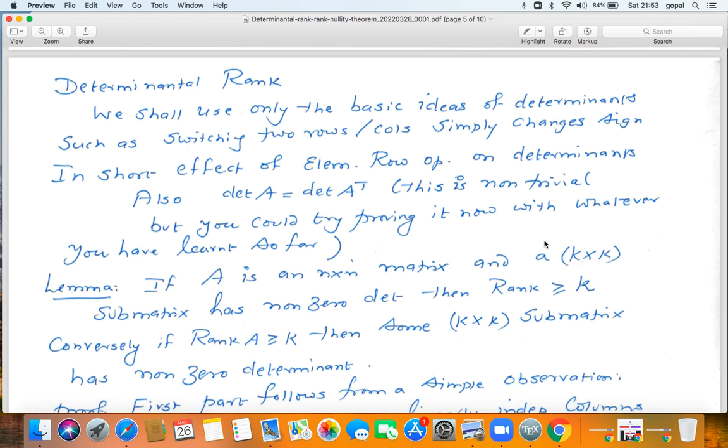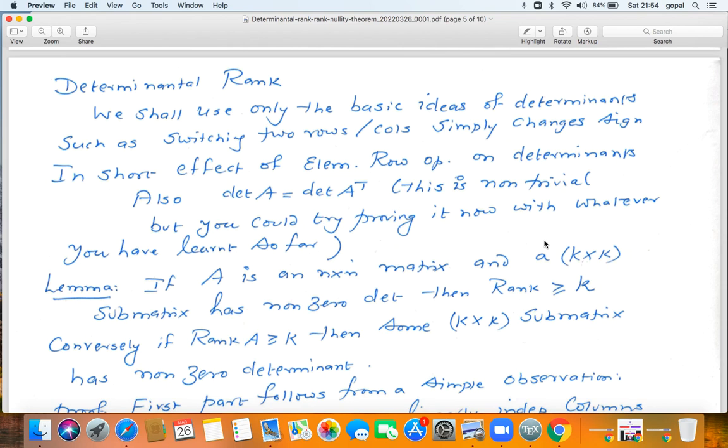What happens to a determinant when you switch two rows? The determinant changes sign. If you add a given row to any other row, the determinant doesn't change its value. Multiplying a given row by some lambda has the effect of multiplying the determinant by lambda. You know these three properties, you use them a lot. You know them for 3 by 3 determinants, but these rules hold for n by n determinants. This is all that you really need.